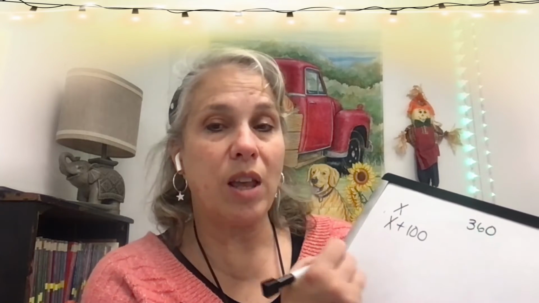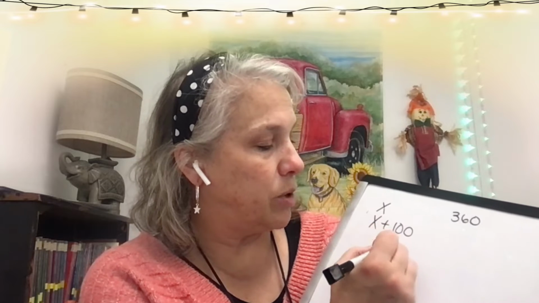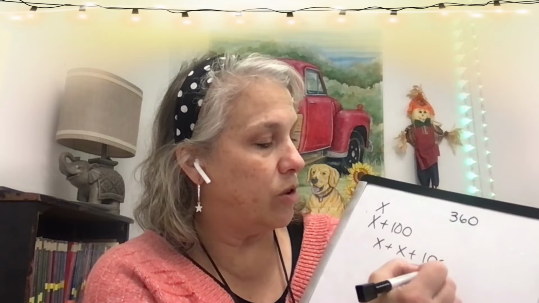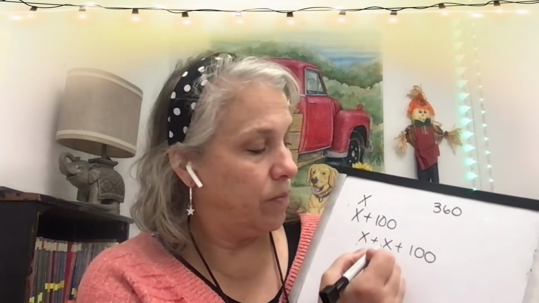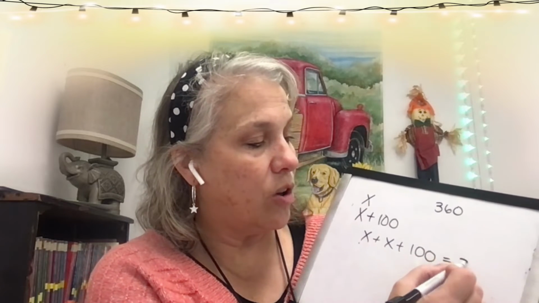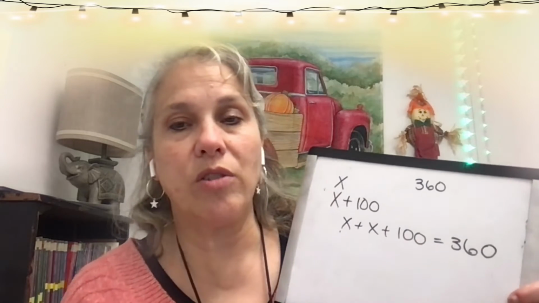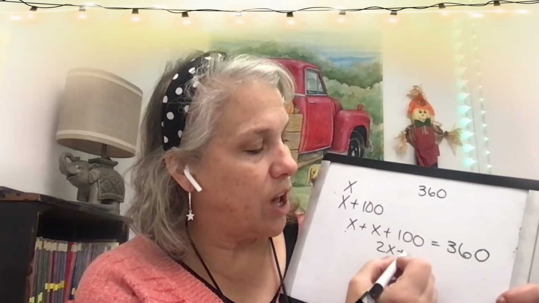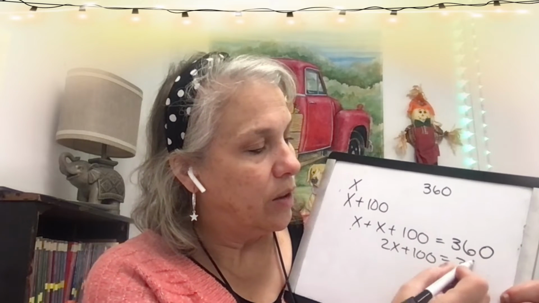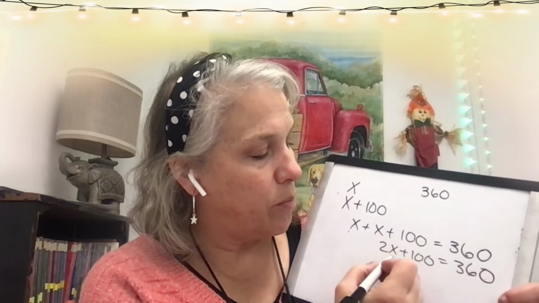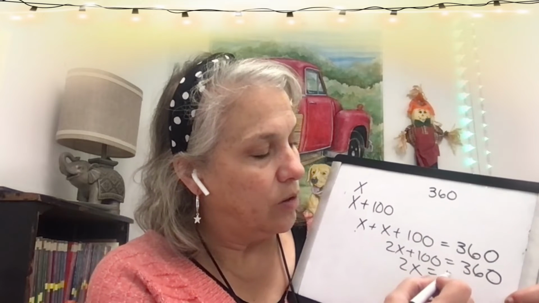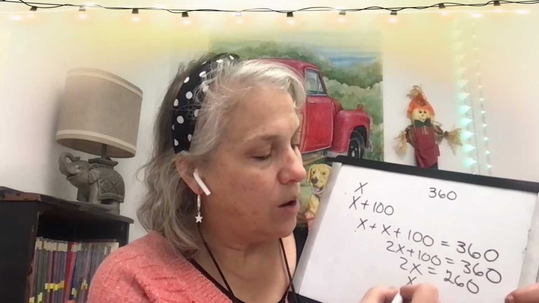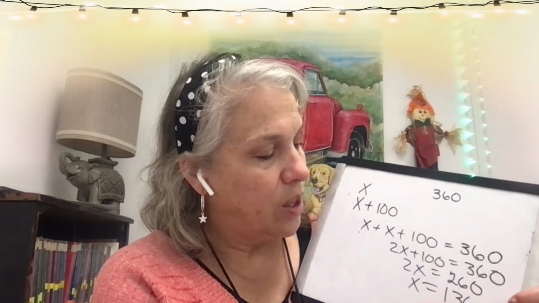So now I'm going to do the same thing. I'm going to say x plus x plus 100, because that's children, adults, and all together we had 360. Now we're going to solve just like we did the other one. Okay, subtract 100 from both sides. 260, divide by 2, 130.